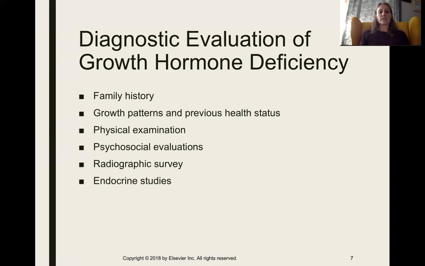We're going to want to have really accurate height and weight measurements recorded for all children, because this is the way we're going to be able to tell if their growth curve is changing. So if they're going up beautifully for the first year and then they kind of plateau, it's not the time that they should be plateauing. If that is the case, then we're going to want to look at some of these other causes that might be there.